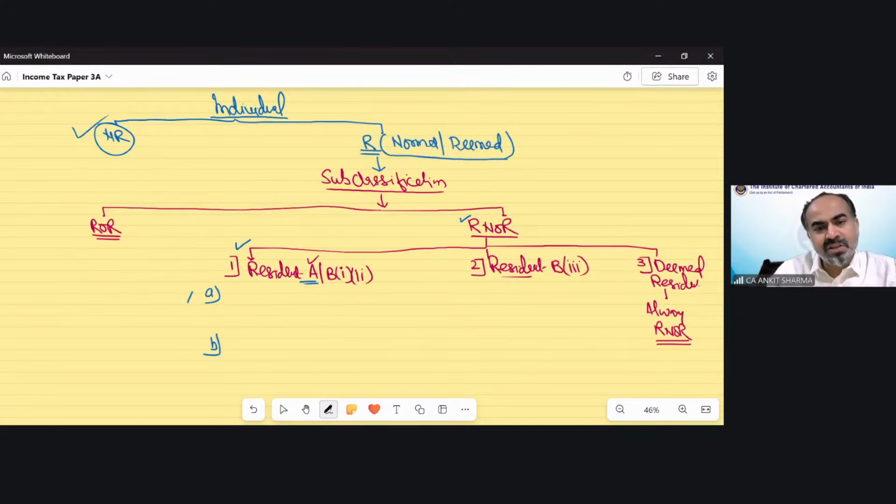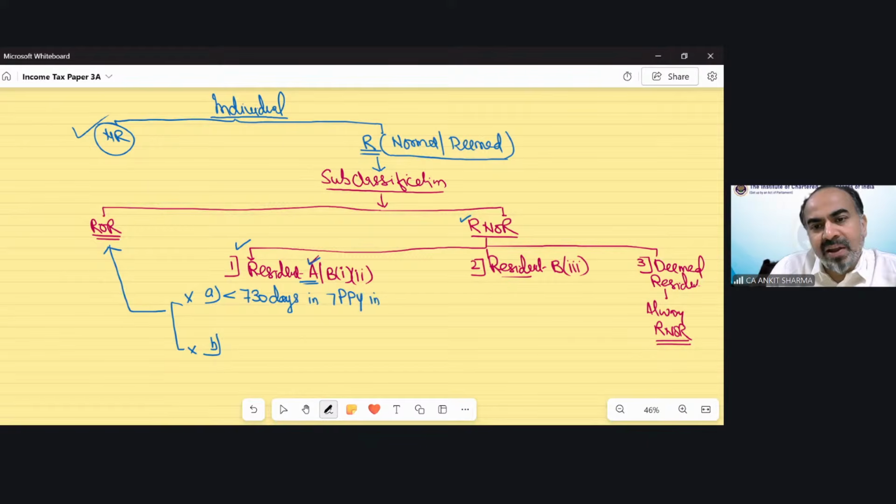And if none of these conditions is fulfilled, that would become resident and ordinary resident. The first condition is very, very easy. It says you become a resident as per category A or B, first or second point. If you satisfy condition A, that you are less than 730 days in the 7 preceding previous years in India.